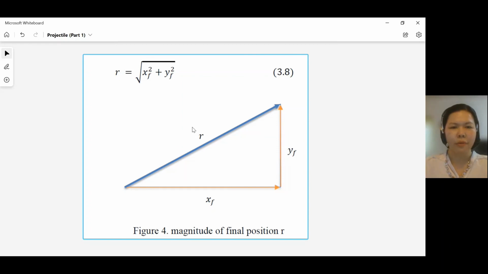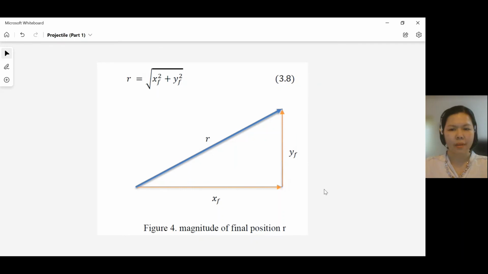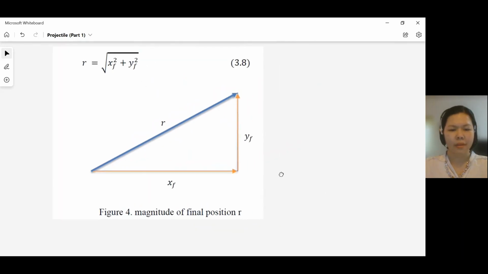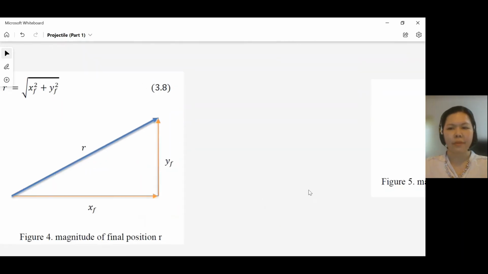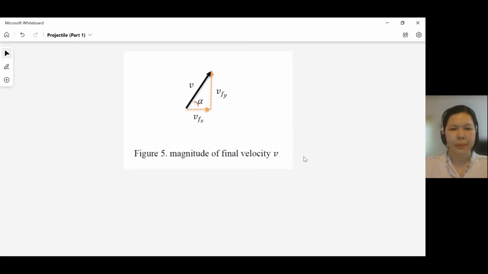Then the final velocity is just v equal to the square root of vf x squared plus vf y squared.